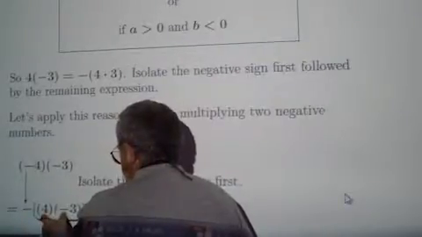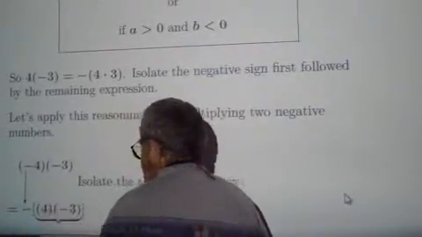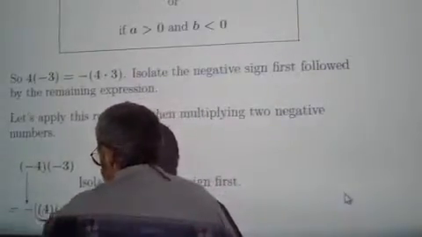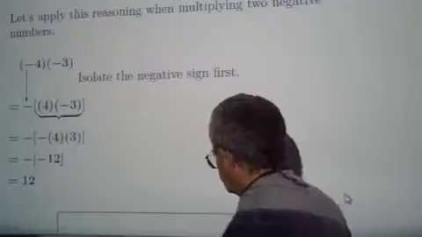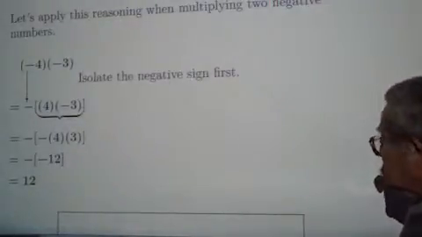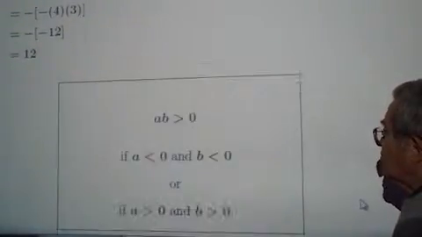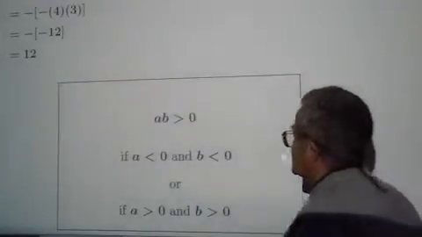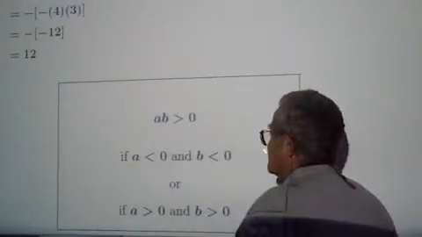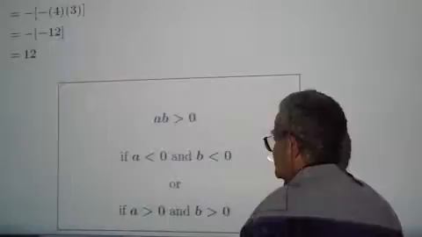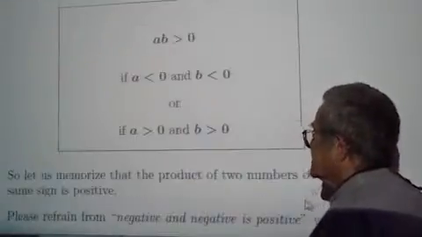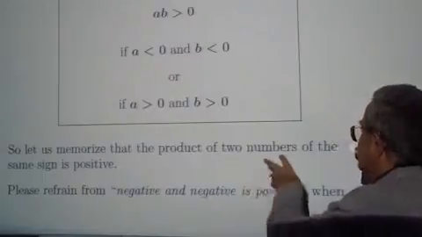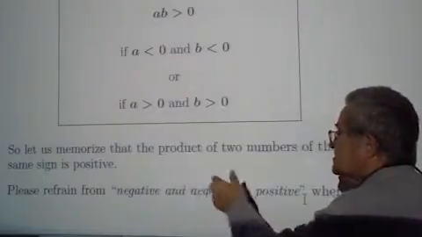We just said that a positive number times a negative number is negative, and the opposite of a negative number is a positive number. Okay? So when we have a product AB that is positive, either both A and B are negative or A and B are positive. So let's memorize that the product of two numbers of the same sign is positive.